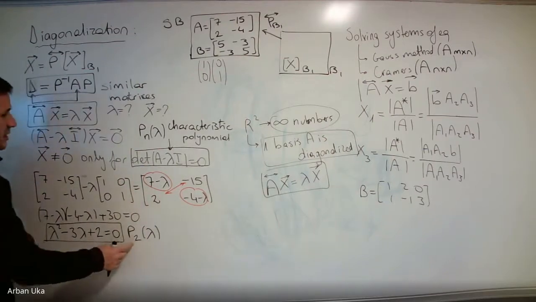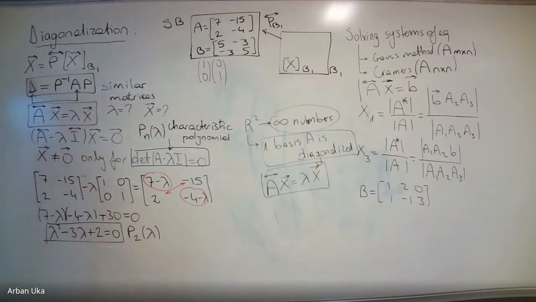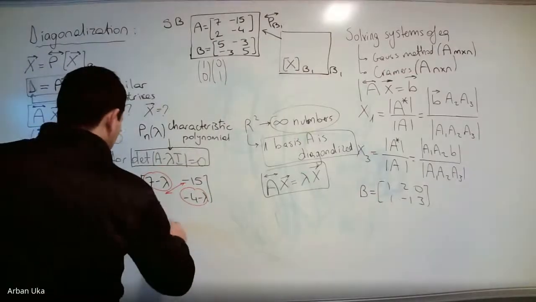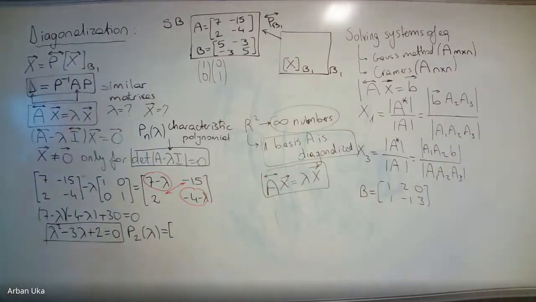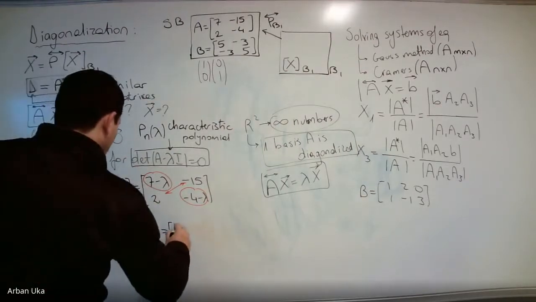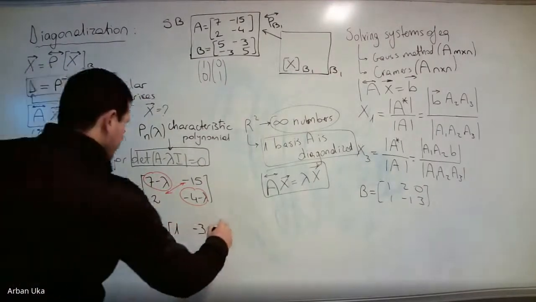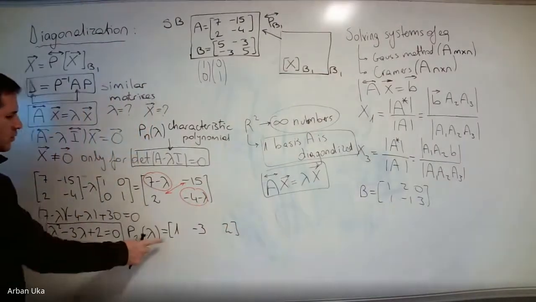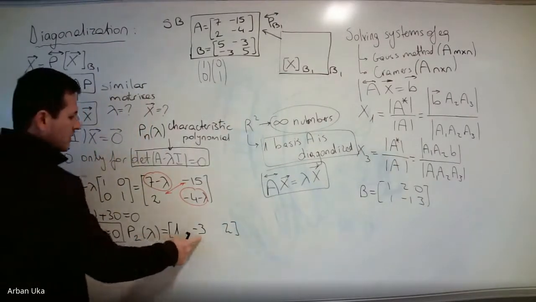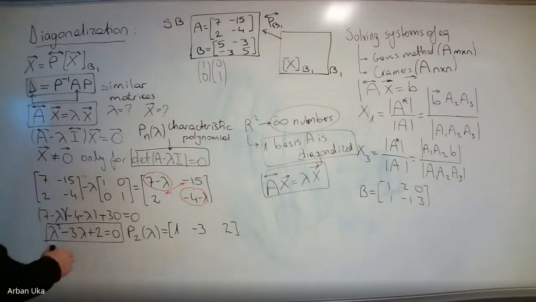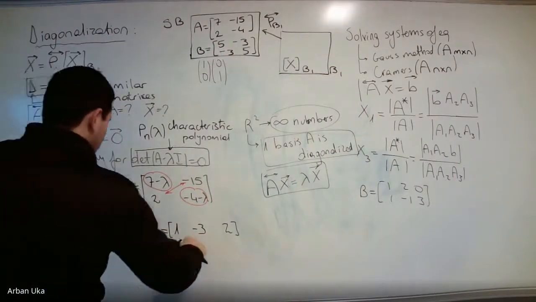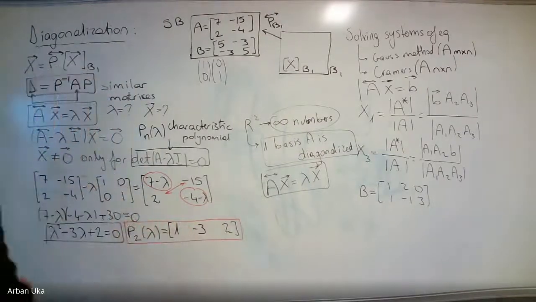This is the characteristic polynomial, defined by the coefficients of lambda squared, lambda to the power 1, and lambda to the power 0. So the coefficients here are 1, minus 3, and 2. Coefficients of lambda squared, lambda to the power 1, lambda to the power 0, which is the constant value. So this is our characteristic polynomial. Now, with this characteristic polynomial, we should be looking for two possible solutions.